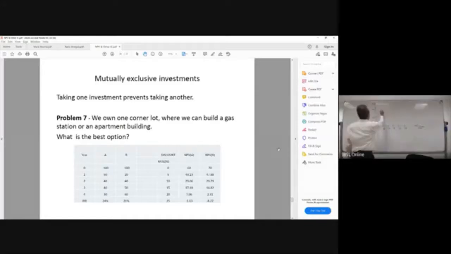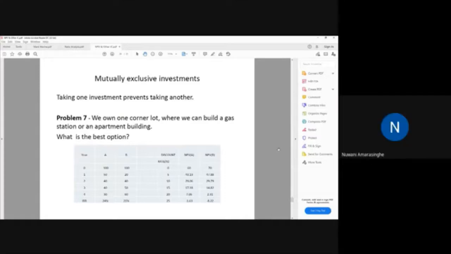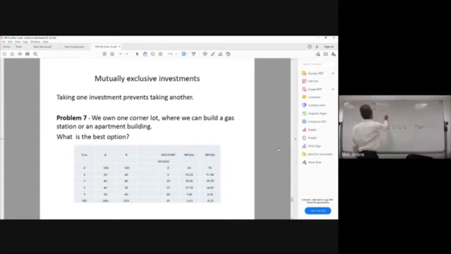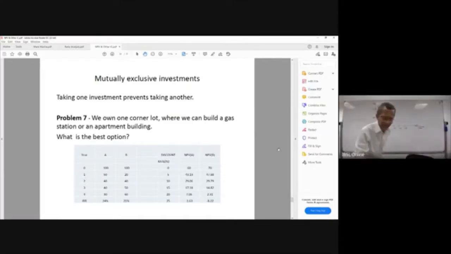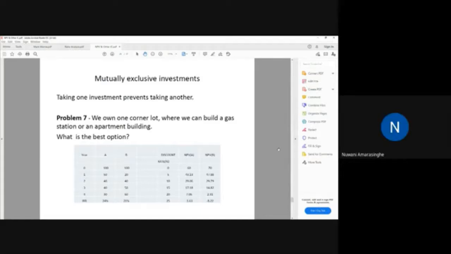Somewhere here. 10%? 29. Right. Then 15%? NPV is 17. Yes, 17.